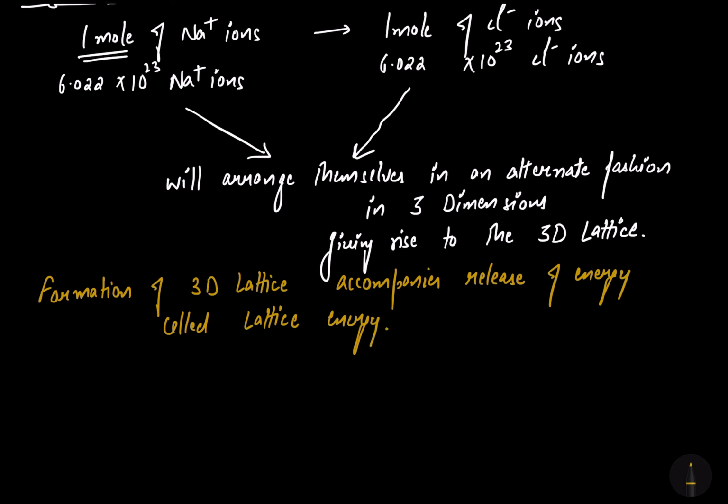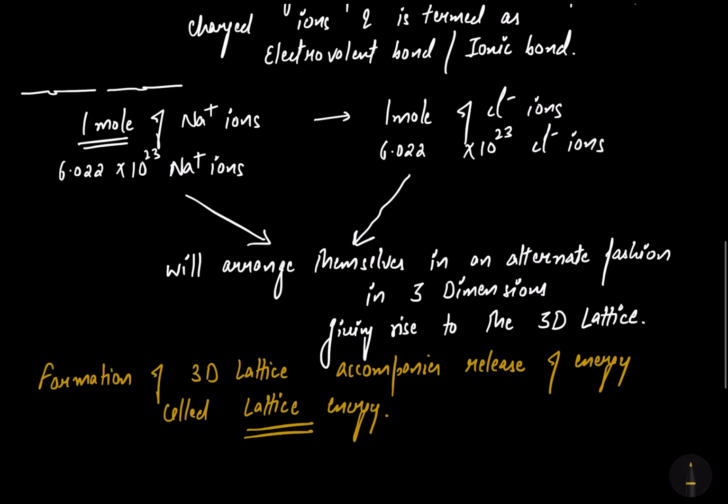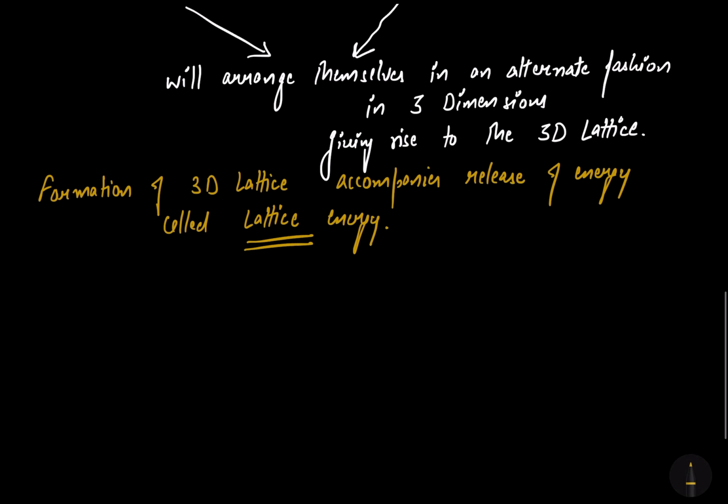So, when the 1 mole of Na positive ions and the 1 mole of Cl negative ions arrange themselves in an alternate fashion in 3 dimensions, giving rise to a 3D lattice, it is accompanied by the release of energy called lattice energy.